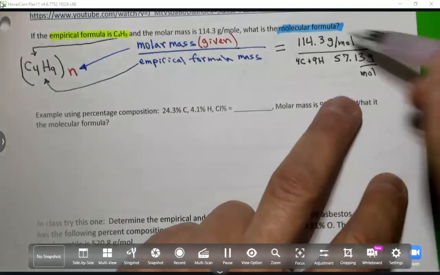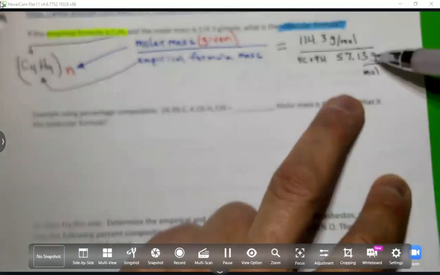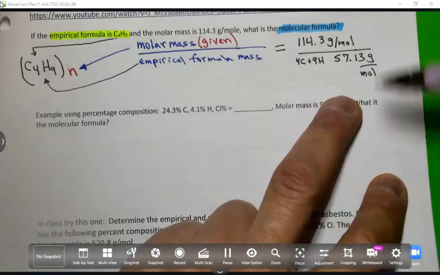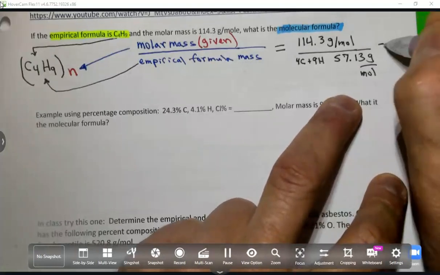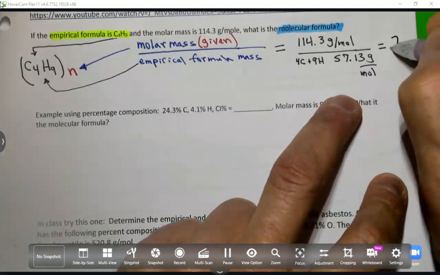So at this point, we know this has to be a whole number. In this case, we get our multiplier to be 2.